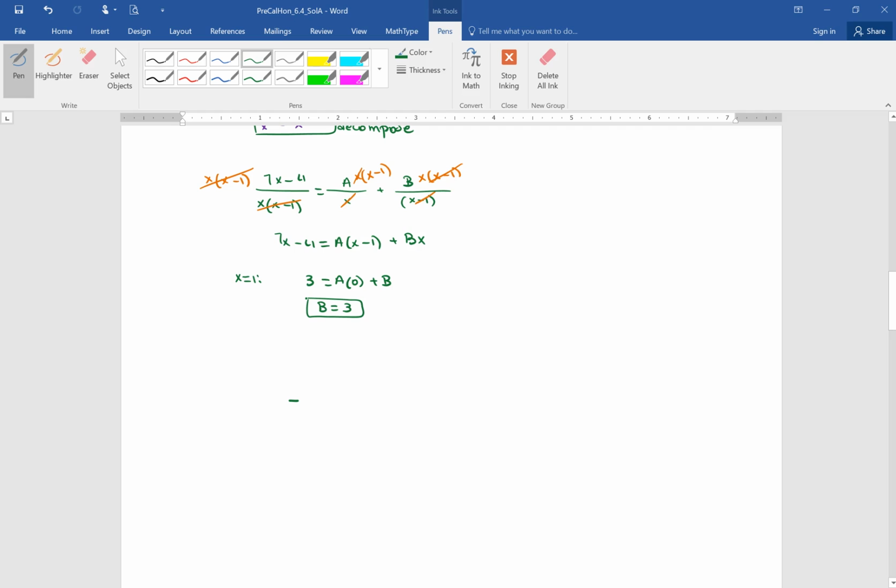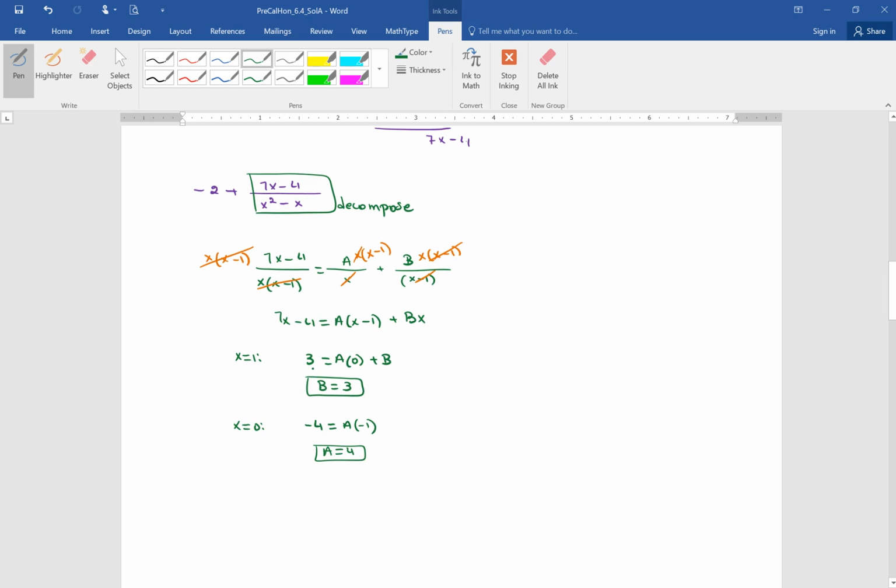Right? What else can I substitute to make B go away this time? 0. So if x is equal to 0, then I get negative 4 is equal to A times minus 1. So A is equal to 4. Okay? And now I'm pretty much done.